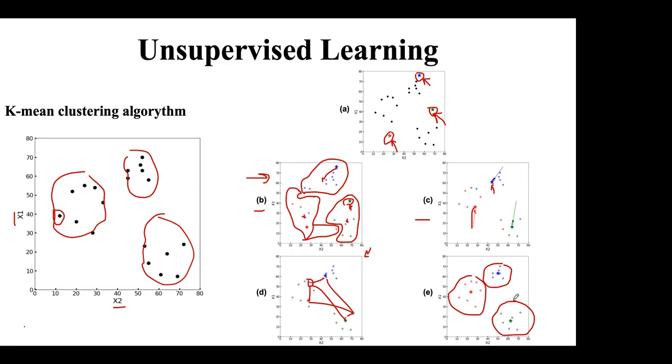You first initialize some random centroids, find the closest examples to each centroid, and assign them to that centroid. Again, you calculate the distance of all the examples in that group with respect to the centroid, and shift your centroid. Then you get back to the first step, calculating the distance between the whole data set and the centroids.